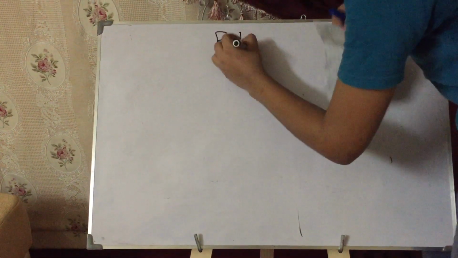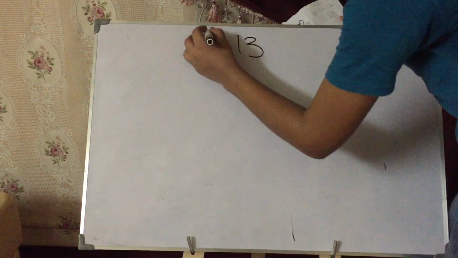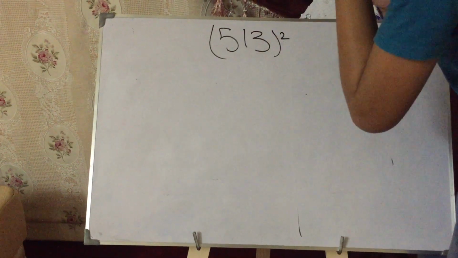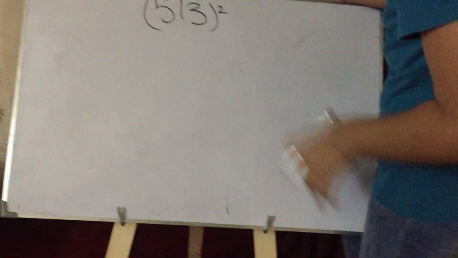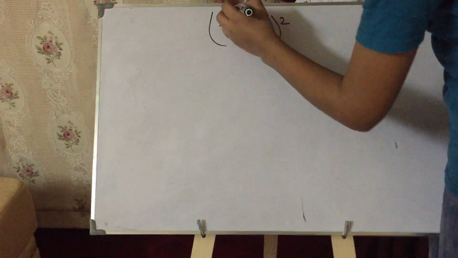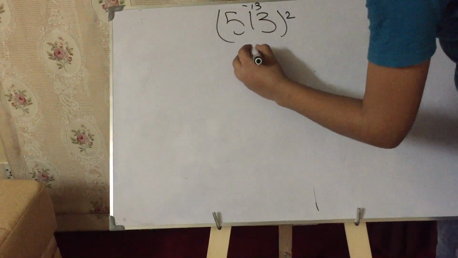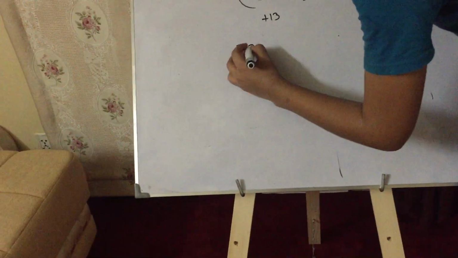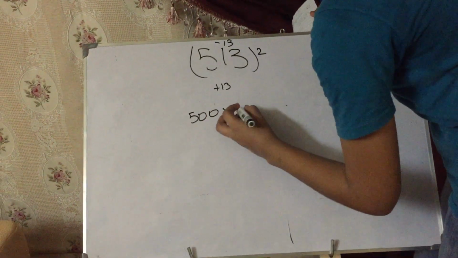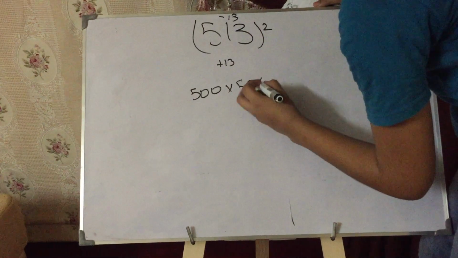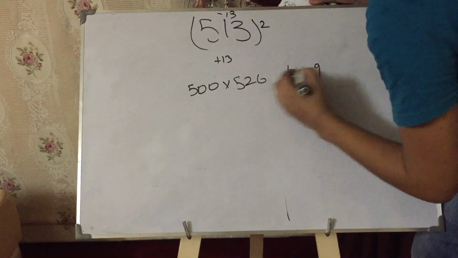Okay, guys, so the last example I am giving you, focus on it. We'll do minus 13 plus 13, and 500 multiplied by 526, and the number 169 came here.